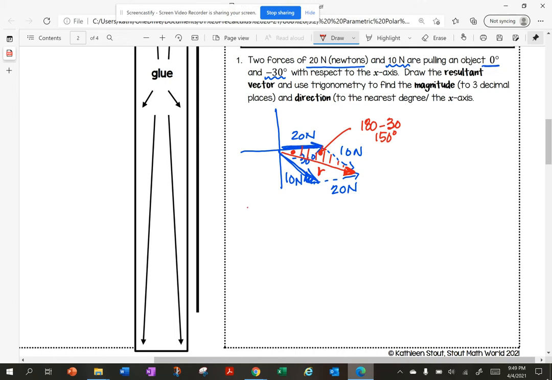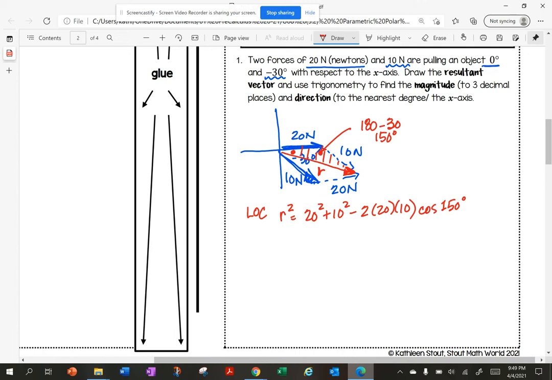So using the law of cosines, I'm going to say r squared equals 20 squared plus 10 squared minus 2 times 20 times 10 times the cosine of 150 degrees.